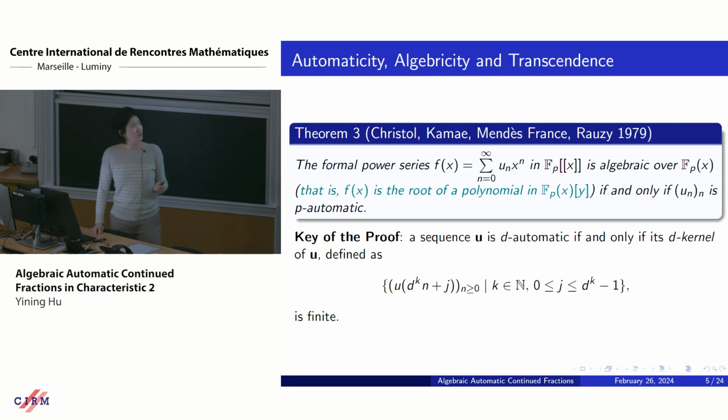So what does it mean for a power series to be algebraic? We can recall that when we say that a real number is algebraic, we mean that it is the root of a polynomial with coefficients in Q. But here, when we say that something is algebraic over Fp(x), it means that it is the root of a polynomial with coefficients in Fp(x).